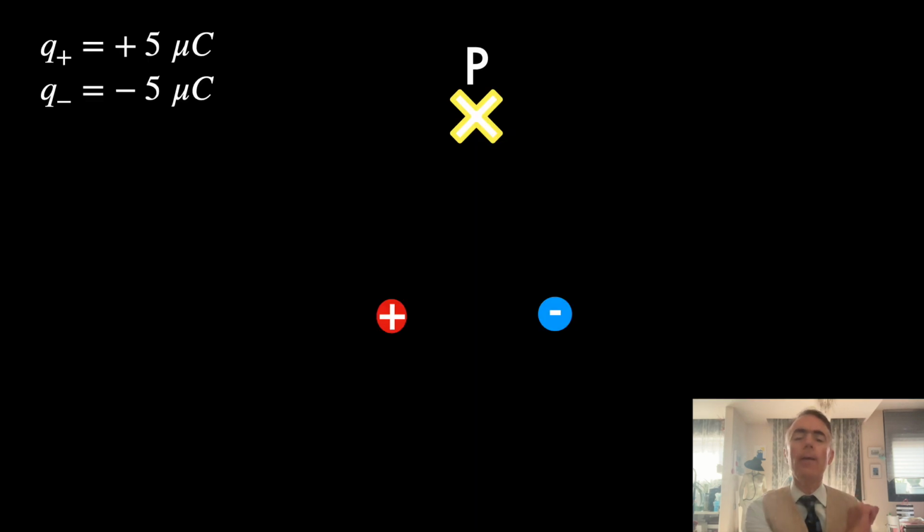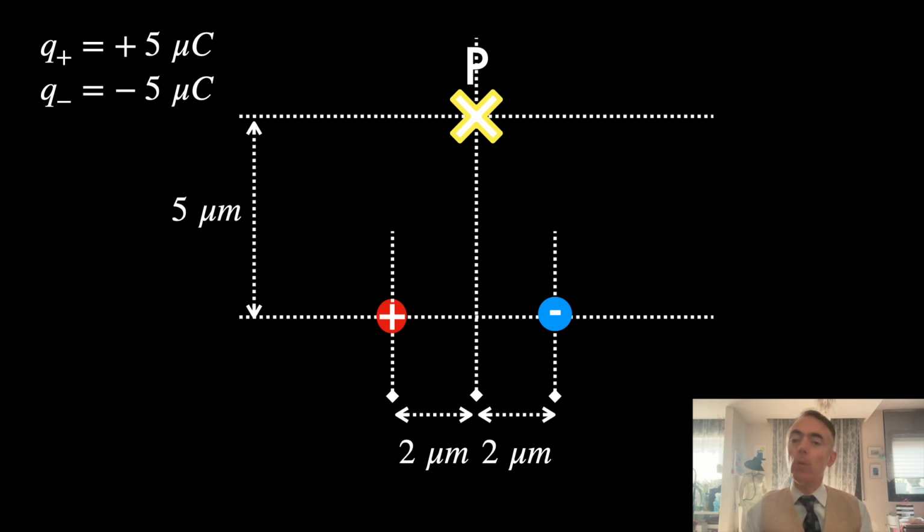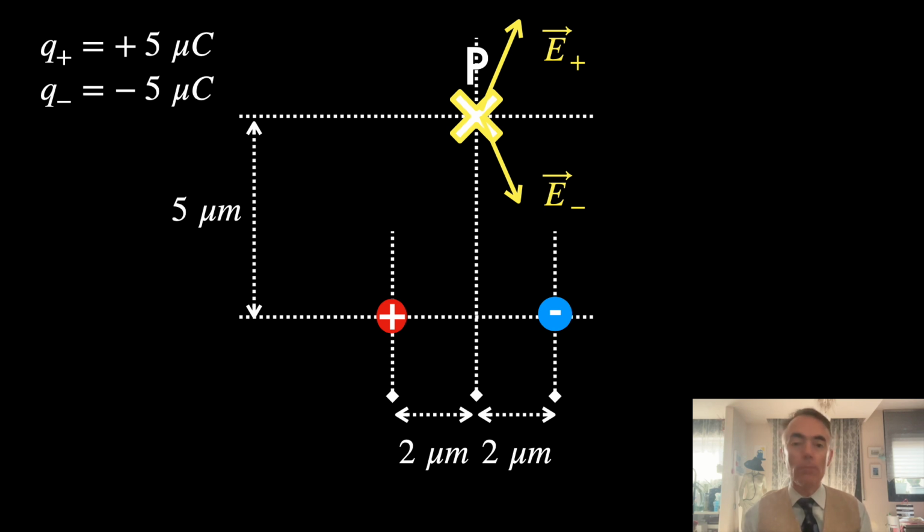Let's now calculate the electric field that these two charges create at a point P. I will calculate the electric field created by each charge at that point and will then add them up. I consider this to be a two-dimensional problem, so I have to calculate the x component and the y component. For that, I have to project, so I need to know the angles the field vector makes.